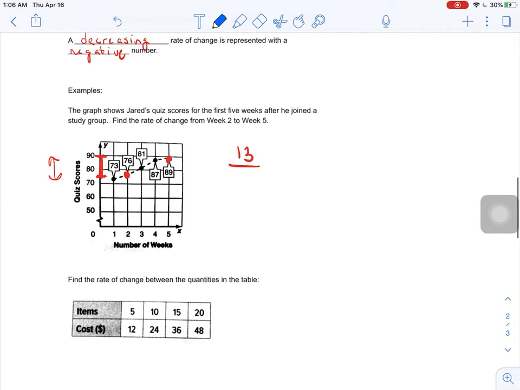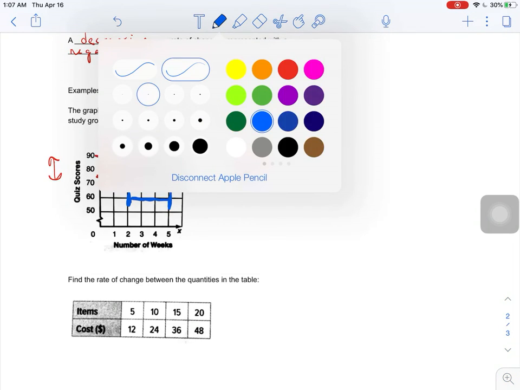And then we want to find the horizontal change between those points. So how much should I change side to side? So that is going to be dealing with the weeks. So from 2 weeks to 5 weeks. So that's a total change of 3 weeks.